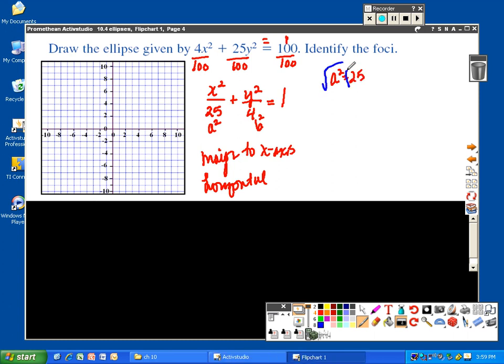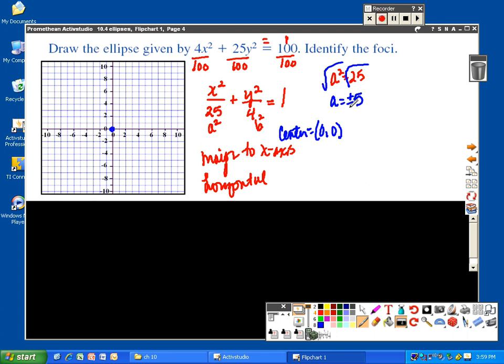So if a squared is 25, what would a be? Square root both sides, and you get a is plus or minus 5. My center is x minus 0 and y minus 0, so my center is 0, 0. So let's plot 0, 0.